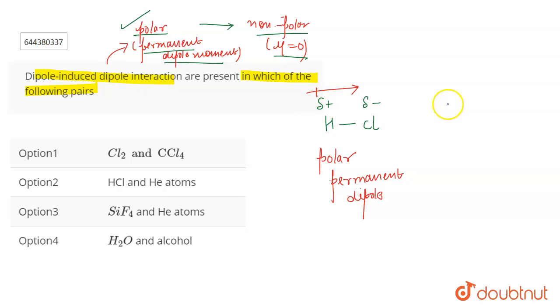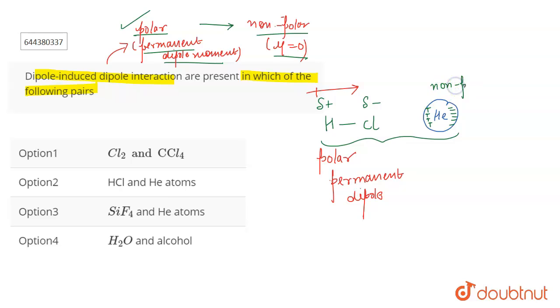And when an atom of helium comes in contact with HCl, now this is a neutral atom. It is a non-polar atom with no polarity. It is not even linked to any other atom. So when it comes in contact with HCl, a dipole is induced. Small positive charges are developed here and negative charges are developed here. So basically an interaction takes place, right?